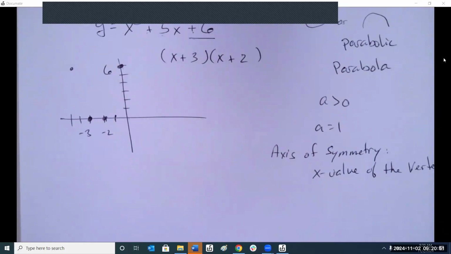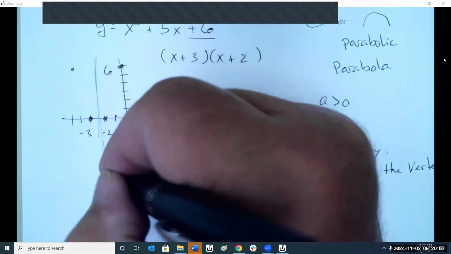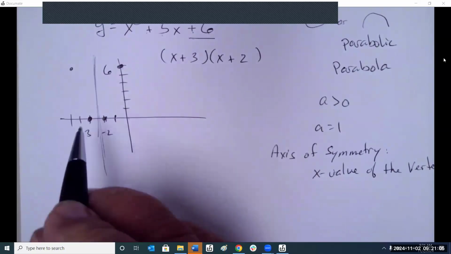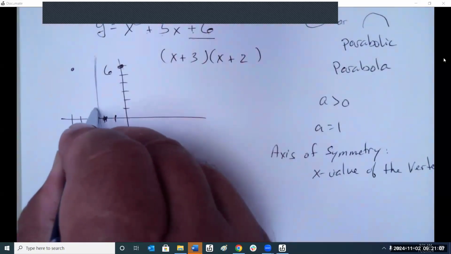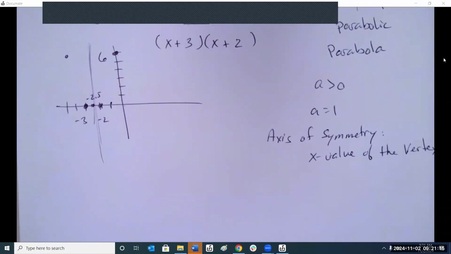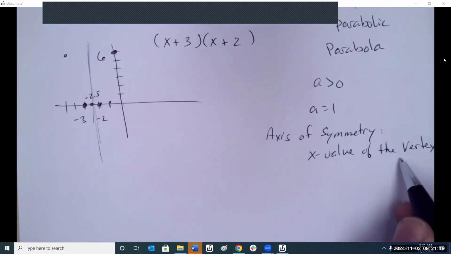Because, again, a quadratic equation is symmetric. There has to be a number where I could fold it so it's equal on both sides. Yeah, so it should be -2.5. But how do we find that mathematically?